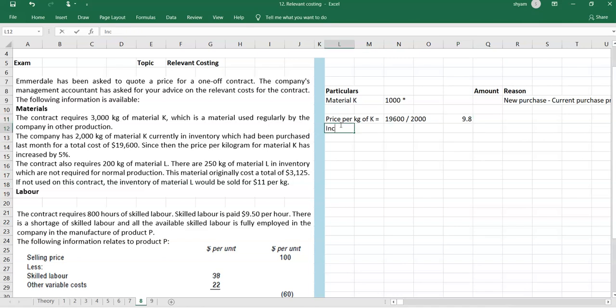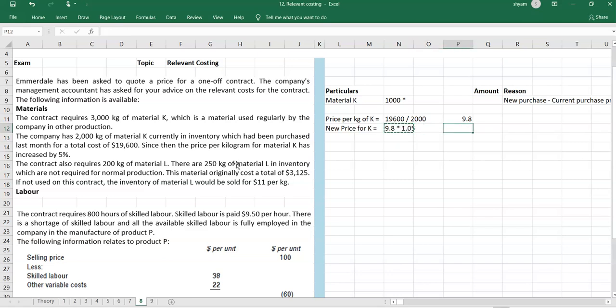So the new price for K will be 9.8 plus 5%. Rather than putting it as 5%, we put it like this, into 1.05.